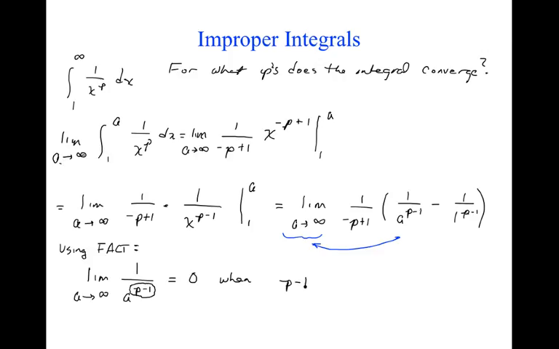So that's what the fact said. When that exponent is greater than 0, that thing goes to 0, and that therefore implies that p has to be, now, greater than 1.